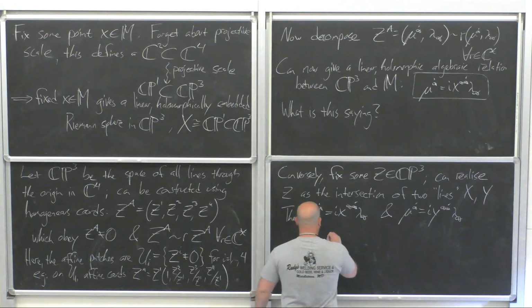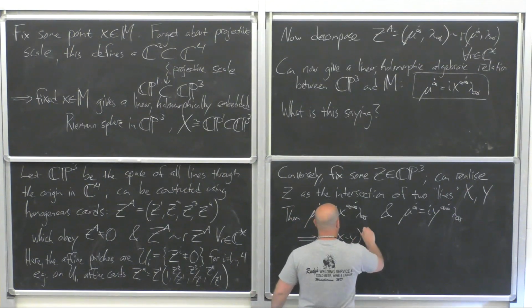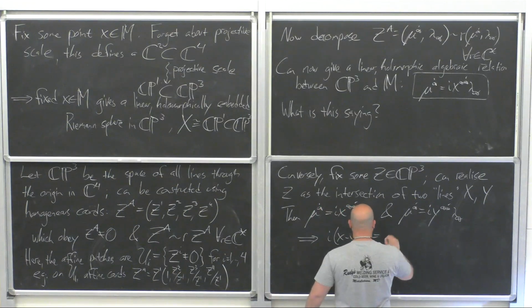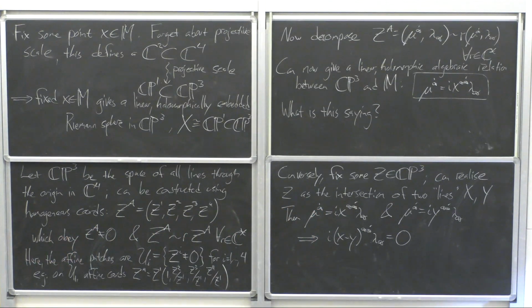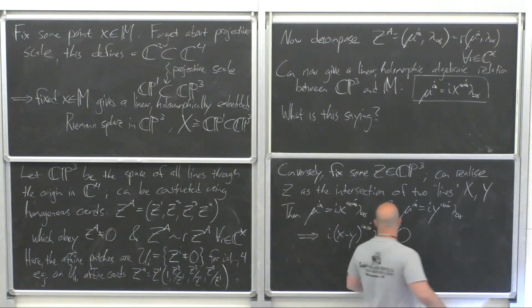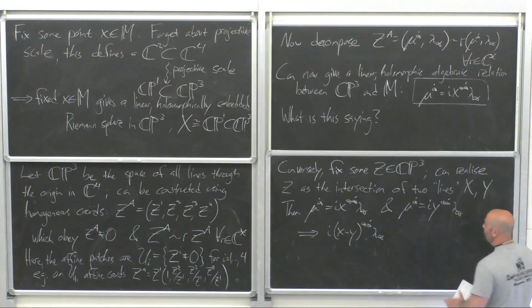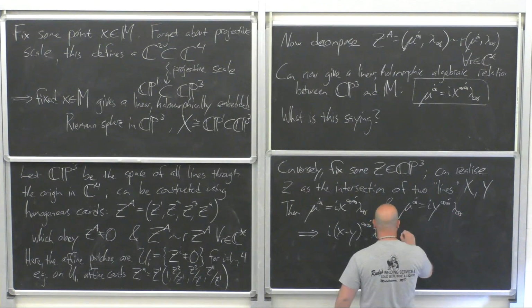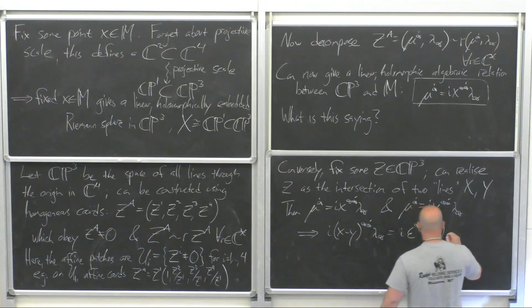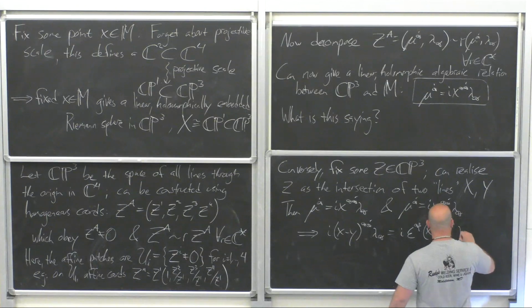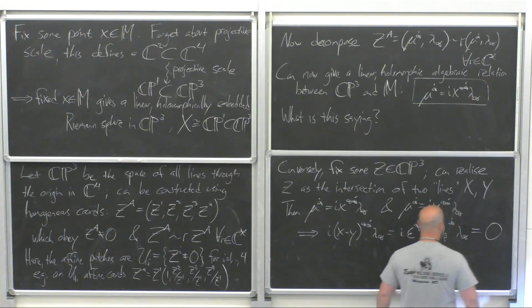That means that i (X minus Y) alpha alpha dot lambda alpha is equal to 0. I haven't done anything sophisticated here. I've just taken my two algebraic equations and subtracted one from the other. Let me remind you what this expression is actually equal to. This is equal to i epsilon alpha beta (X minus Y) beta alpha dot lambda alpha. And we're saying that that's equal to 0.